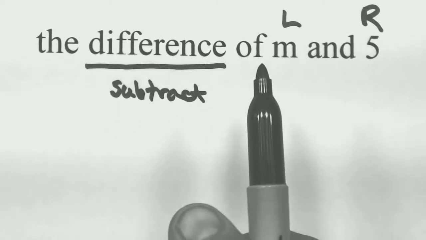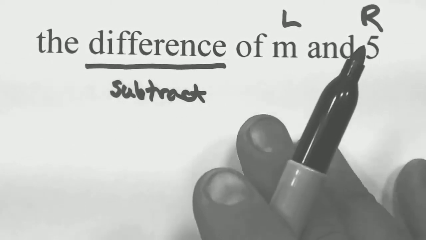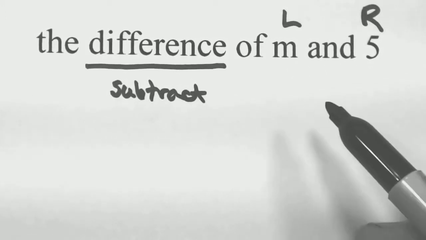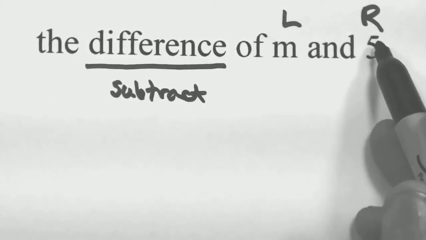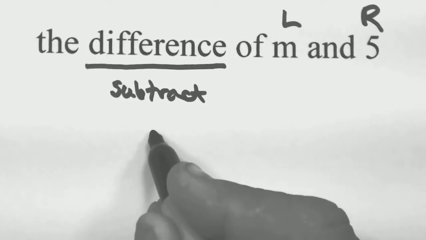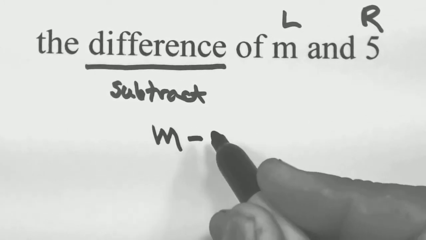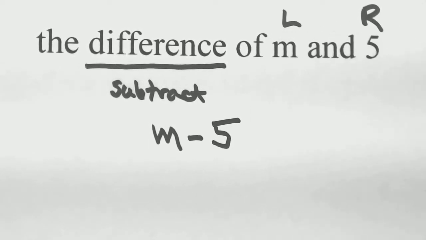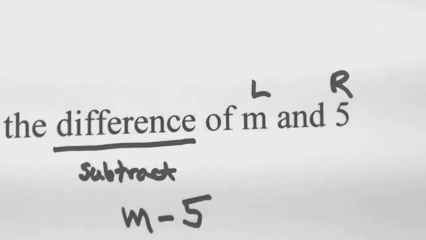Now, why is difference special? Again, it's a historic thing. It's the way it's been in math, and it's just something that you have to be familiar with. So, difference means we're in correct left to right order. So, this one here, simply m minus 5. Again, difference indicates correct left to right order.